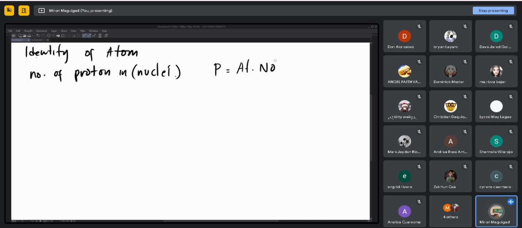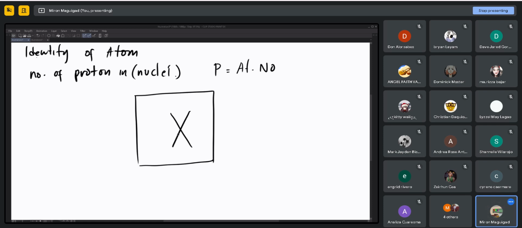Nakakita na po tayo ng periodic table of elements, di ba? Mag-drawing lang ako saglit. Let's say this is an element X. And we have letters above and then below.